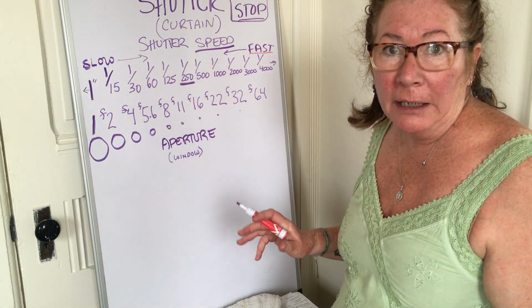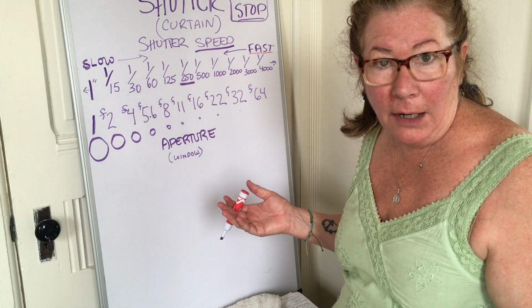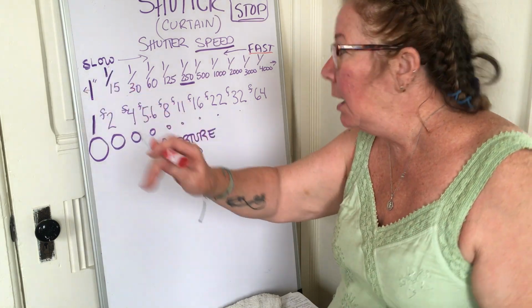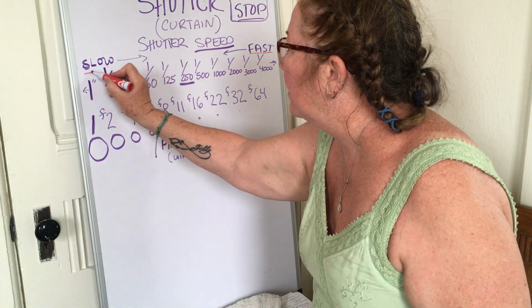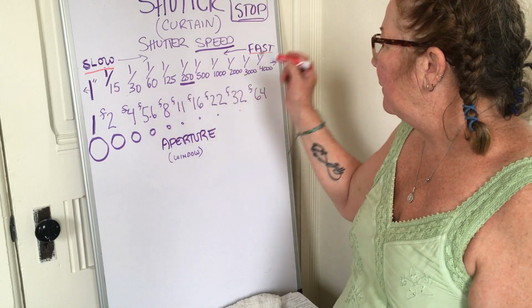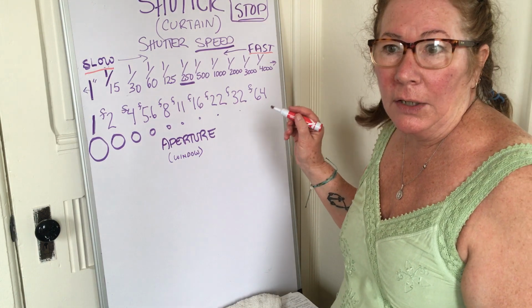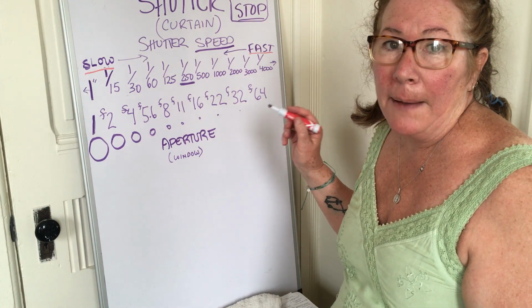If something's holding completely still, like it's inanimate, like a coffee cup or something that's just sitting there, it's not going to get up and run away, then you can use a slow shutter speed, right? And most everything else you can use in between here, okay? But the shutter speed is specifically used to describe motion.